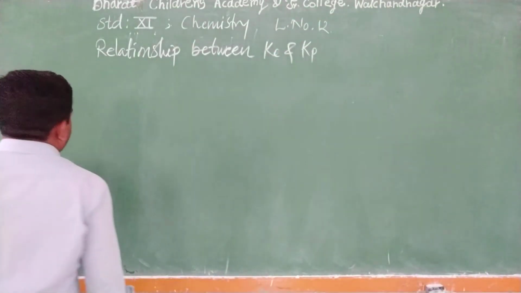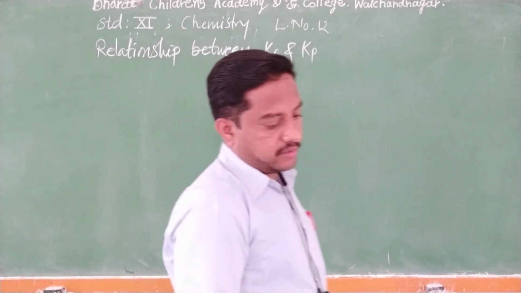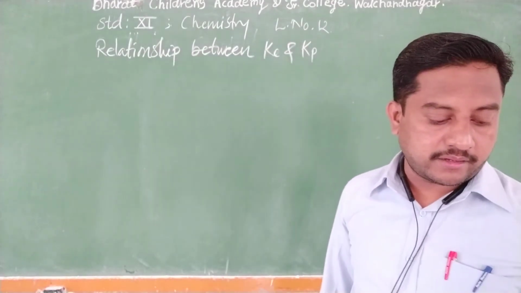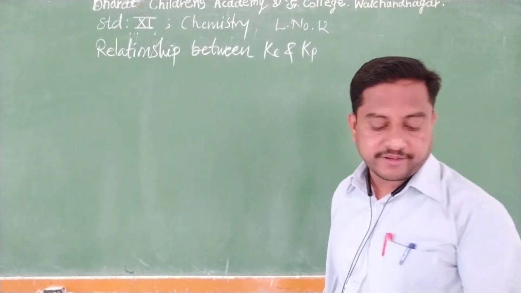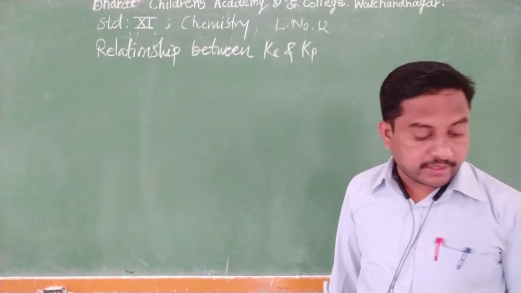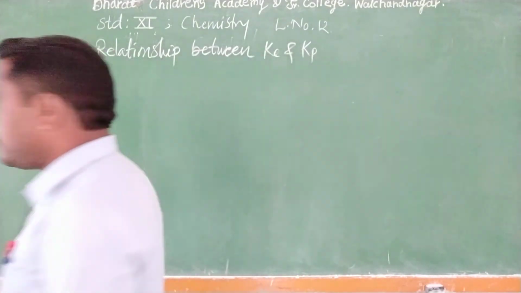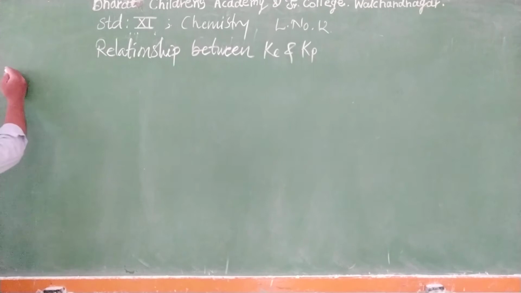Okay. So we have just seen that for the given reaction, whenever there is a balanced equation like aA plus bB gives cC plus dD, we can find out the Kc and we can find out even Kp as well, right? But how will you get the relation between these? Once again, I'll write the equation.